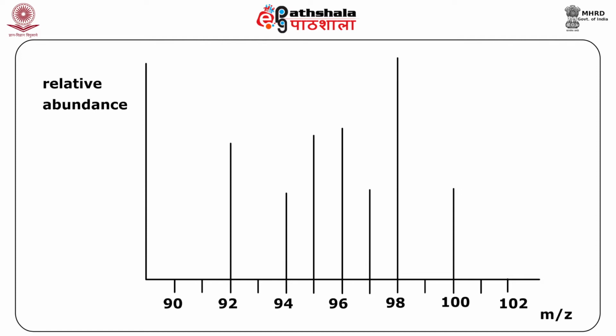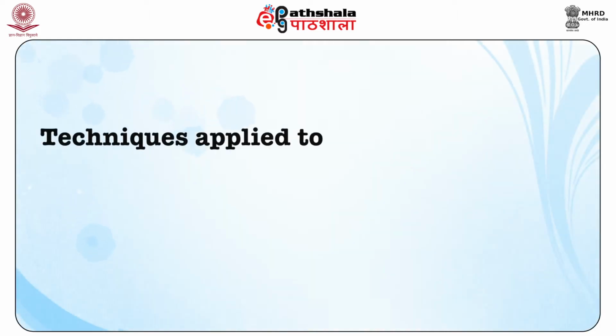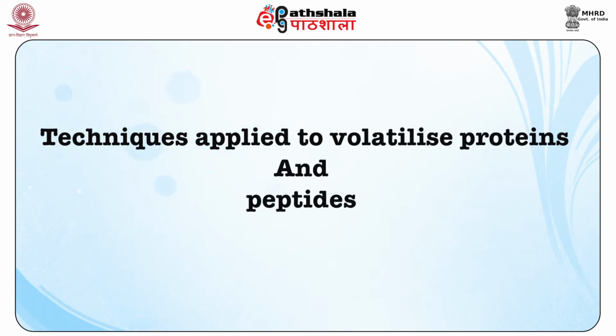Based on relative abundance, the spectrum is deconvoluted to read the molecular mass within a range of plus or minus a small error of the real mass. Now, let us try to understand the techniques applied to volatilize proteins and peptides.